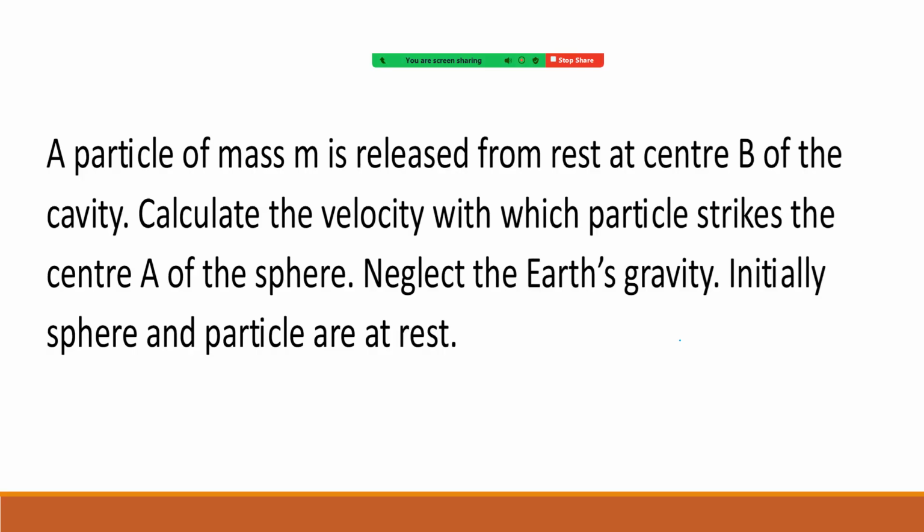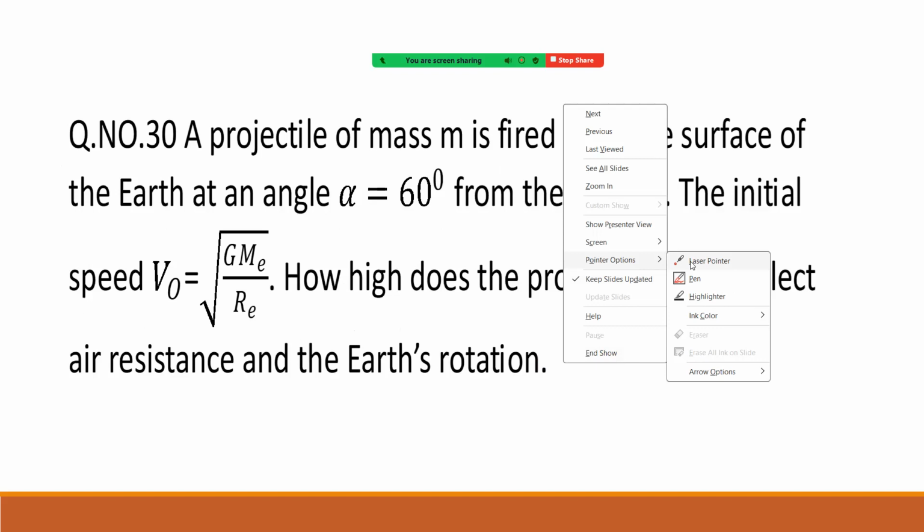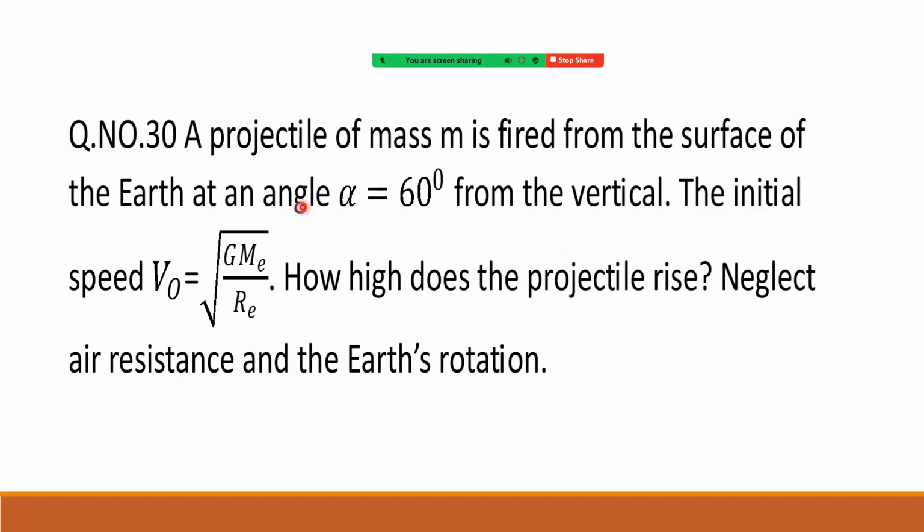Okay, see the next one. A projectile of mass m is fired from the surface of the earth at an angle alpha equal to 60 degrees from the vertical.